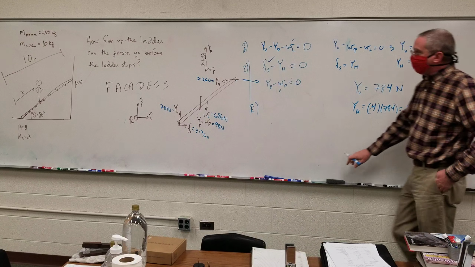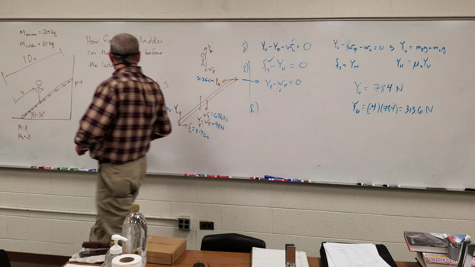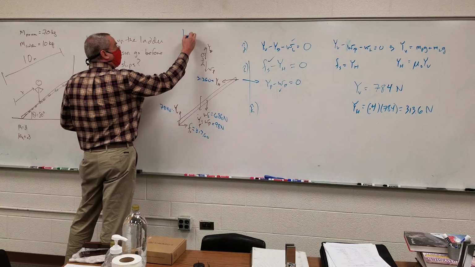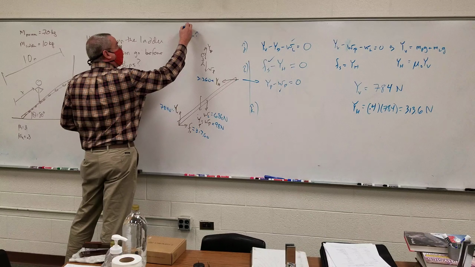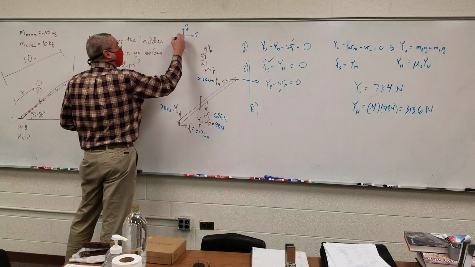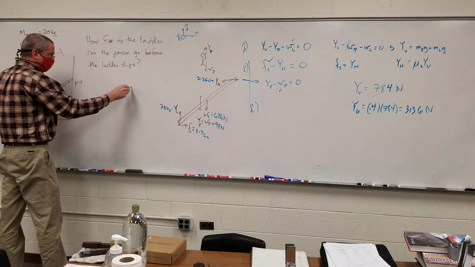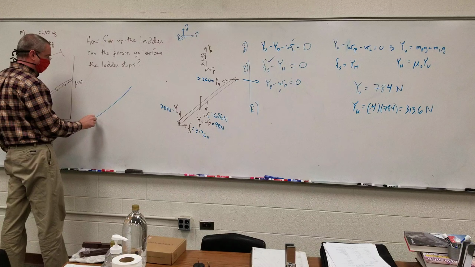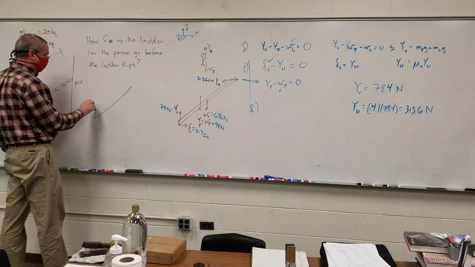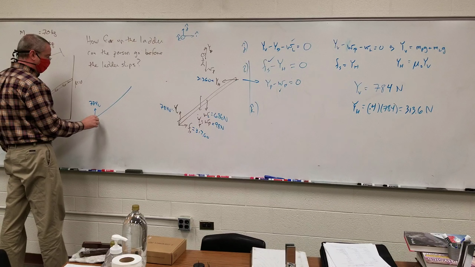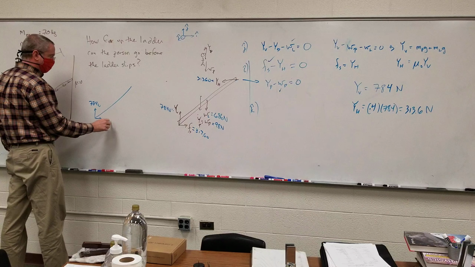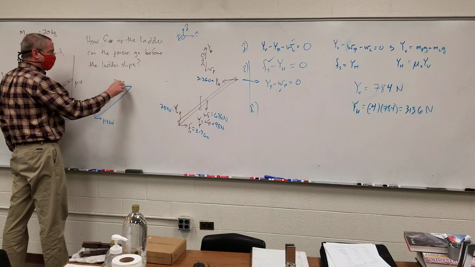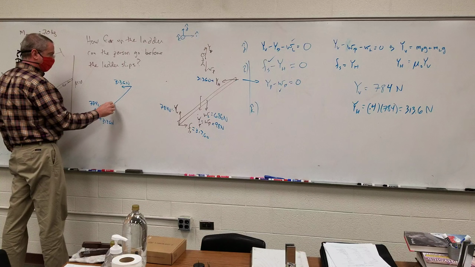I'm going to redraw my force diagram here. It's supposed to be a straight line. So it's 784 acting up, 313.6 acting to the right, 313.6 acting to the left.